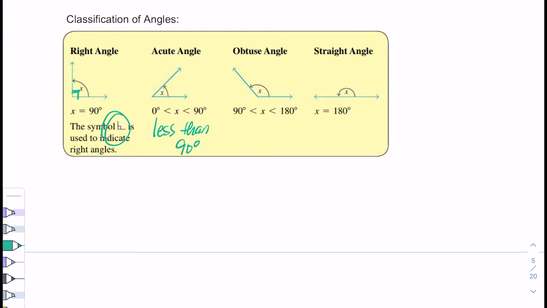An obtuse angle is between 90 and 180, so it's got to be bigger than 90 but less than 180. And we call any angle that measures 180 degrees a straight angle. And as you can see, this is also a straight line. So that's very helpful to know that all straight lines measure 180 degrees.